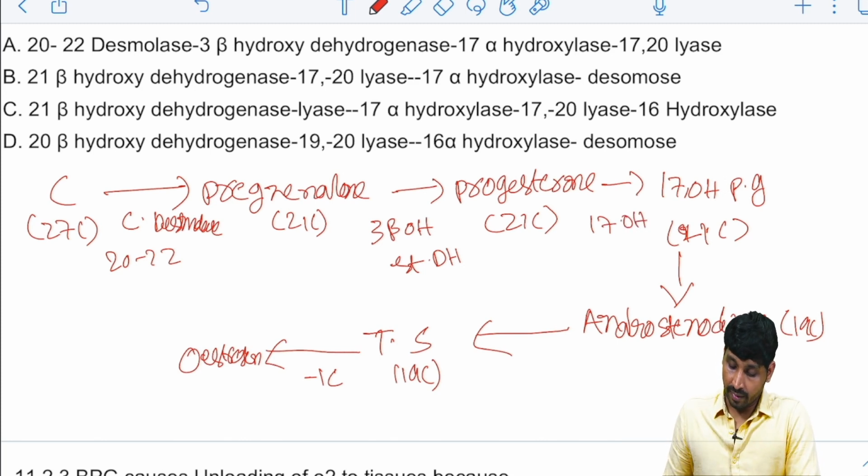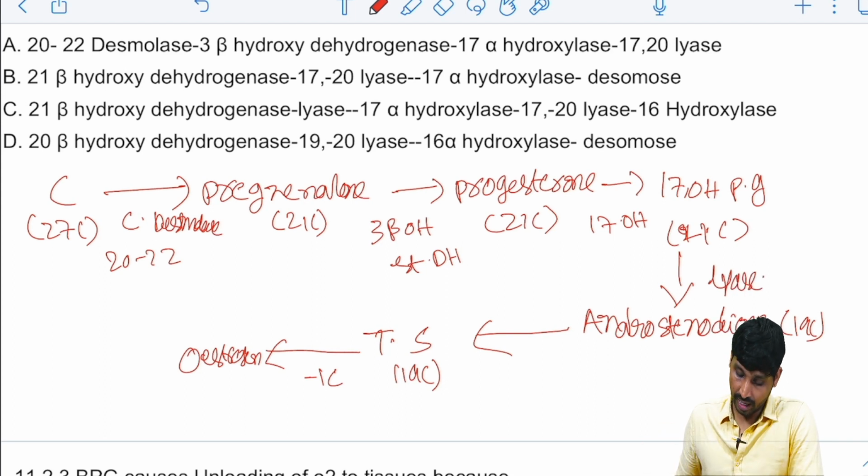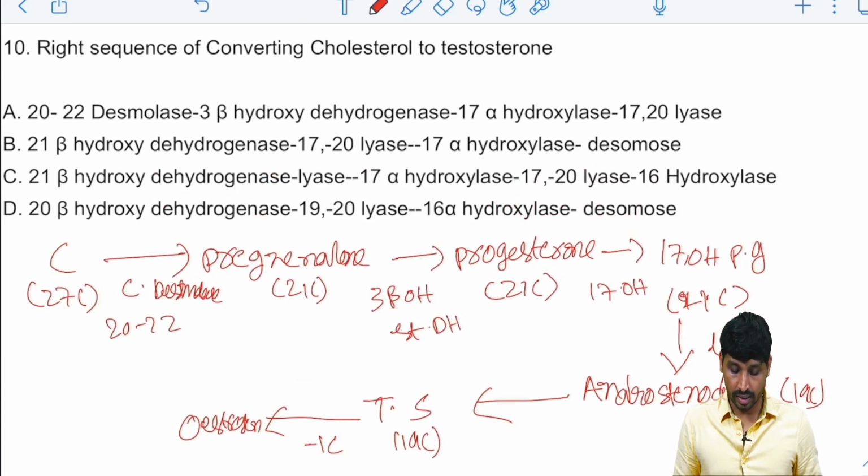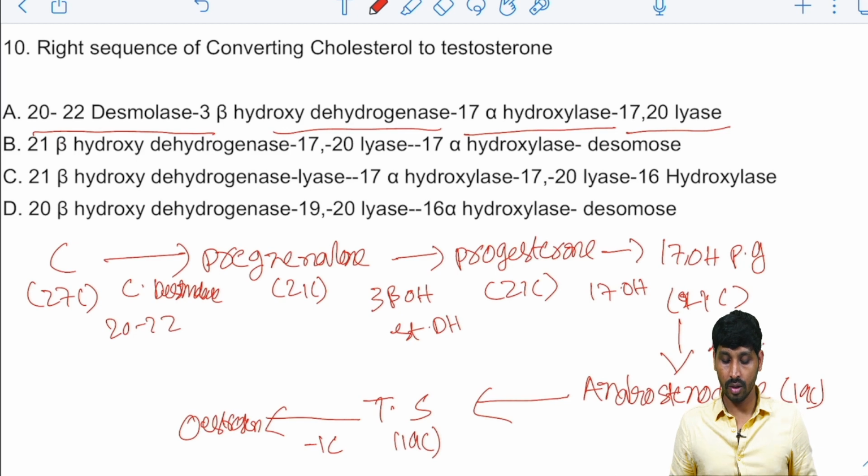Converting 17 hydroxy progesterone to androstenedione, there we require 17-20 lyase. You can make it out from the names themselves. So the sequence is: 20-22 desmolase, 3 beta hydroxy dehydrogenase, 17 alpha hydroxylase and 17-20 lyase. This is the correct sequence, the rest of the sequences are wrong.